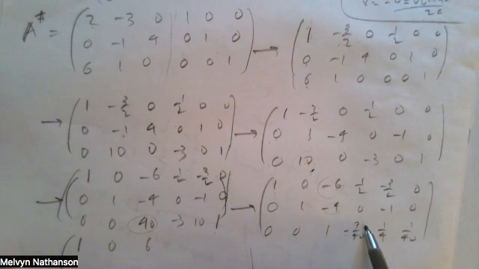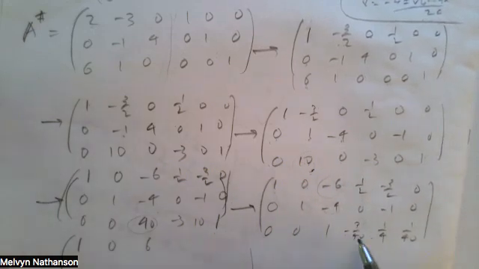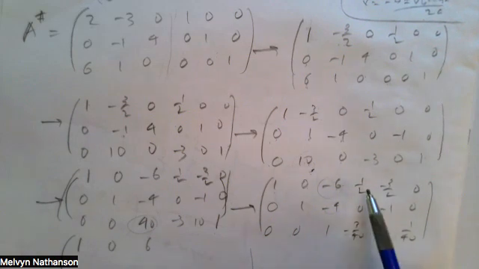So that's 3 over 20. I get minus 9 over 20 plus a half, right? 6 times this. Let me do it simply. So 6 times this is minus 18 over 40 plus a half, which is 20 over 40. So minus 18 plus 20 is 2 over 40, which is 1 over 20.